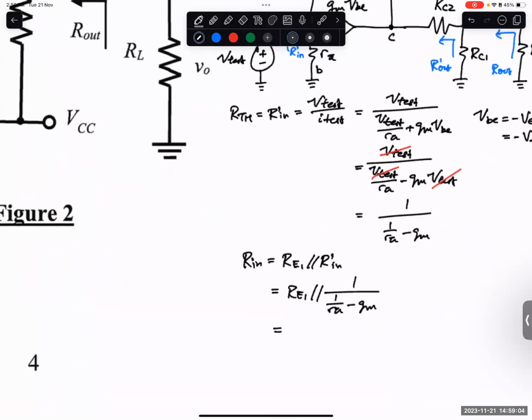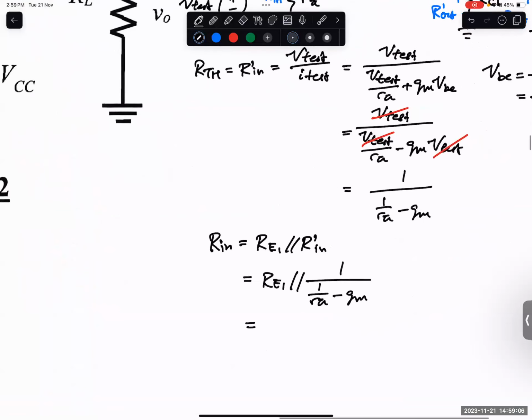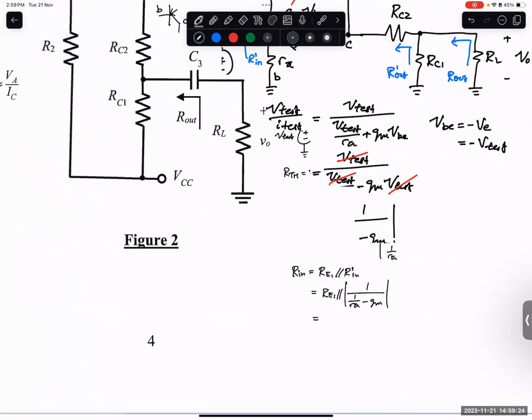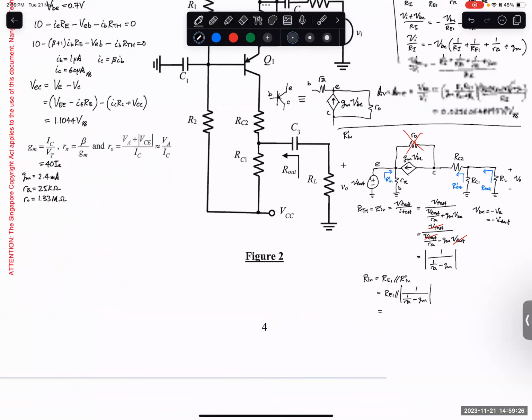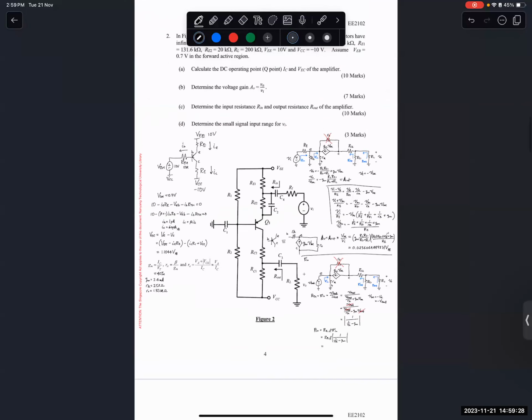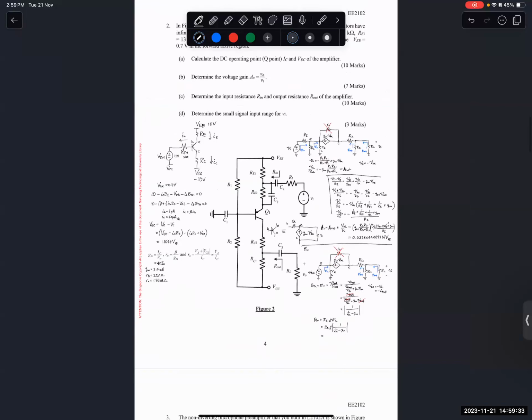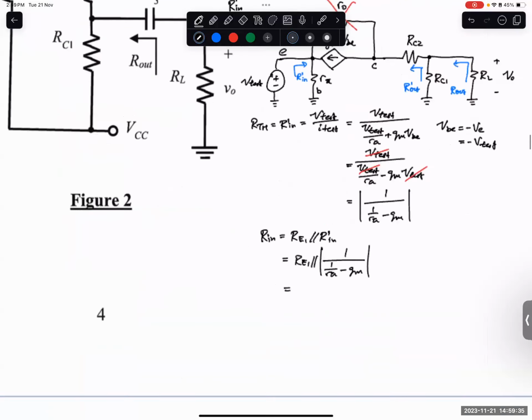Yeah, actually, I need to do this, right? Yeah. Let me check. I think that one is negative value actually. 1 over R pi is this one minus GM. Yeah, it's negative value. So I need to take the absolute value. Then this answer parallel with 131.6 kilo. Yeah, anyone get 422?